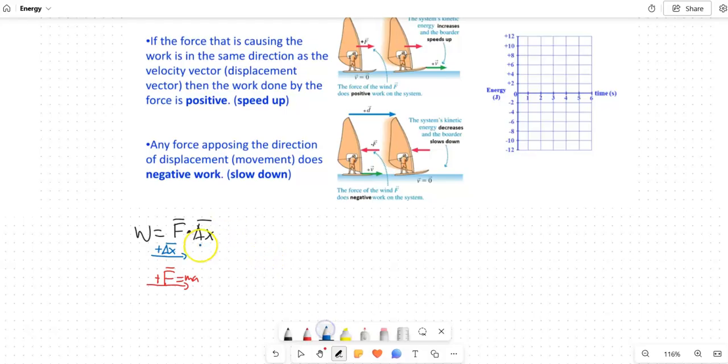And displacement, well, displacement is really what gives velocity its vector. So in other words, we could say that displacement is a positive velocity vector to the right, and that force vector is analogous to a positive acceleration to the right. Well, we learned that a positive velocity and a positive acceleration, that is speeding up, okay?